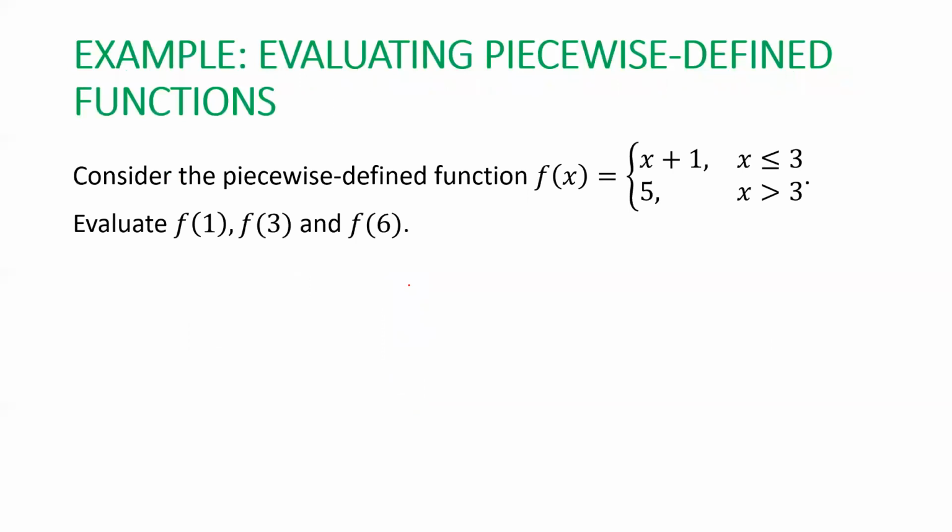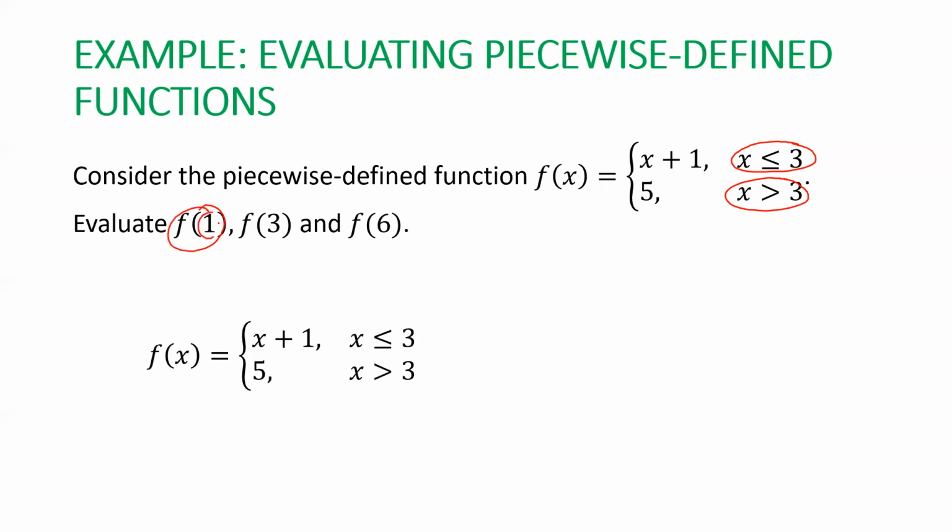So for example, let's consider the piecewise defined function f of x equals x plus 1 defined on the interval x is less than or equal to 3, and then f of x equals 5 defined on the interval x is greater than 3. And then let us evaluate f of 1, f of 3, and f of 6. So for f of 1, we need to find the location of x equals 1.